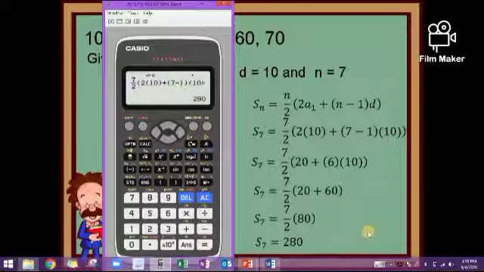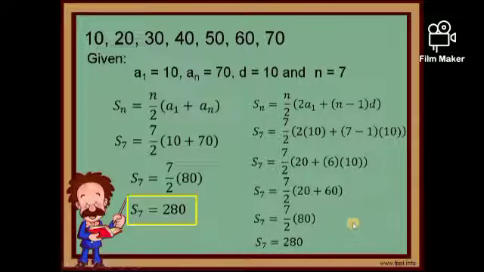Okay, so let's continue. So therefore, we are very sure that the sum of our sequence is 280.